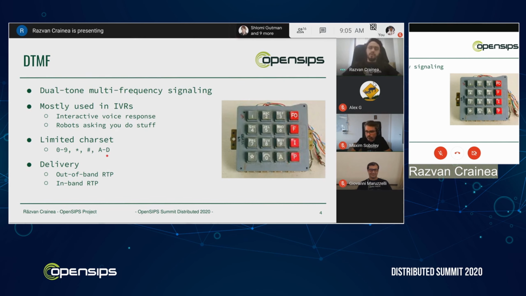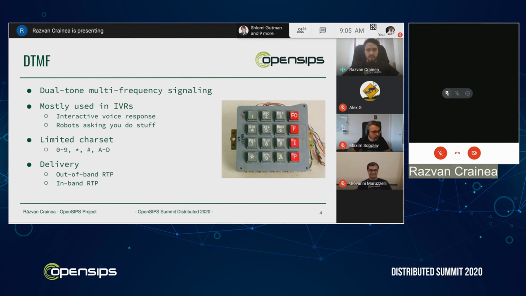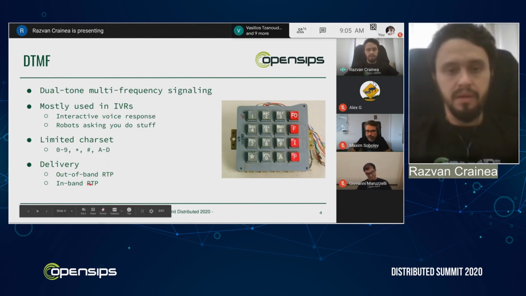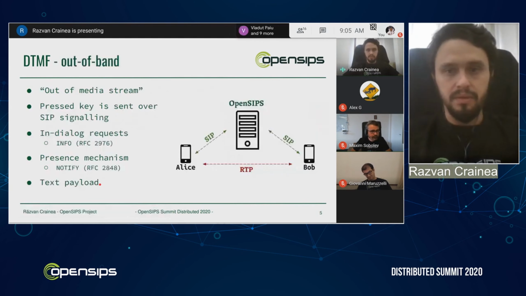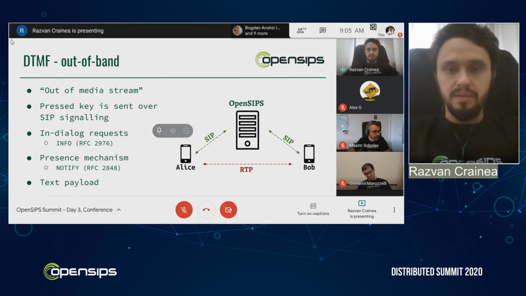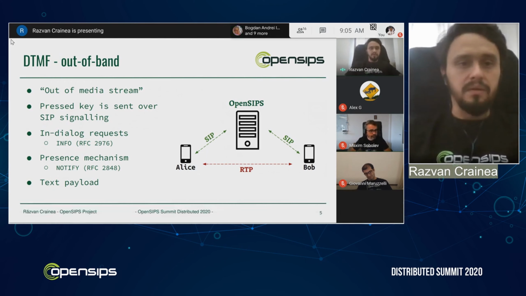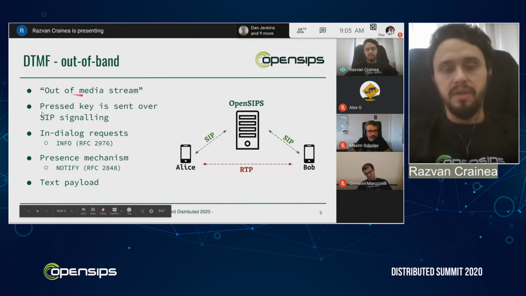There are also two ways of delivering DTMFs in VoIP: out-of-band and in-band RTP. We will be talking about this a bit further. Out-of-band means out of the media stream.